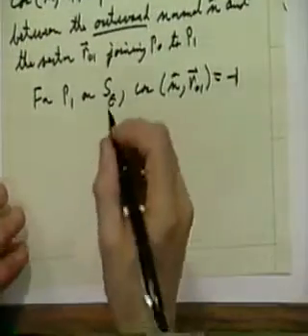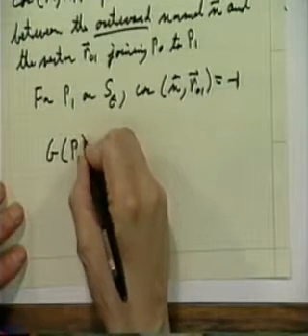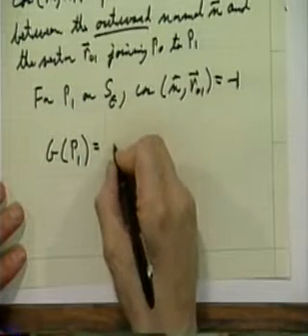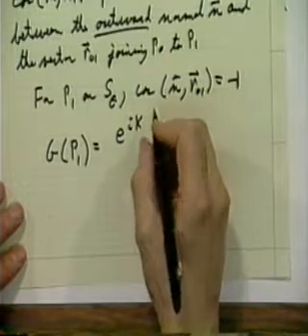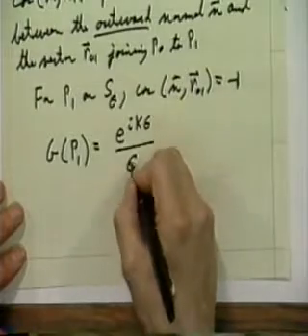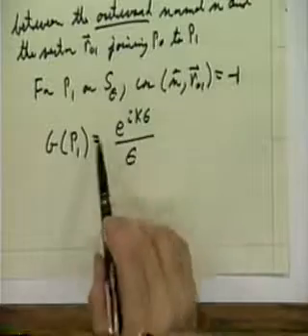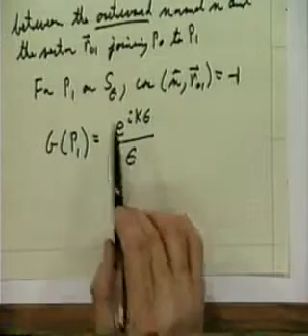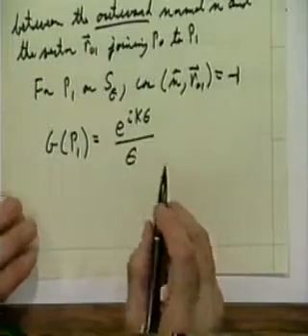So now what we will have is that G of P1 is e to the i k epsilon over epsilon. So we're on this surface S sub epsilon, so G for a point on that surface is e to the i k epsilon over epsilon.